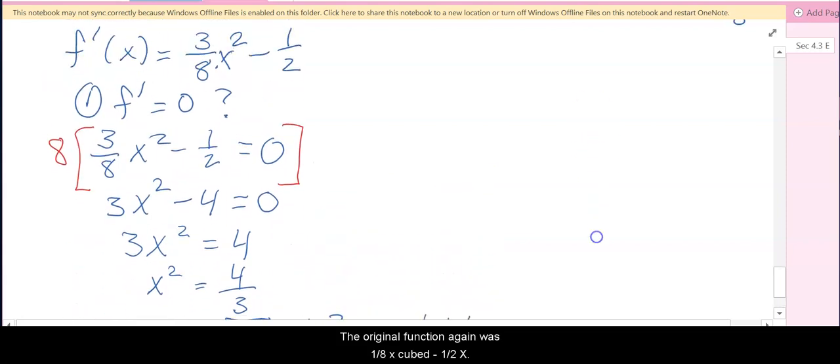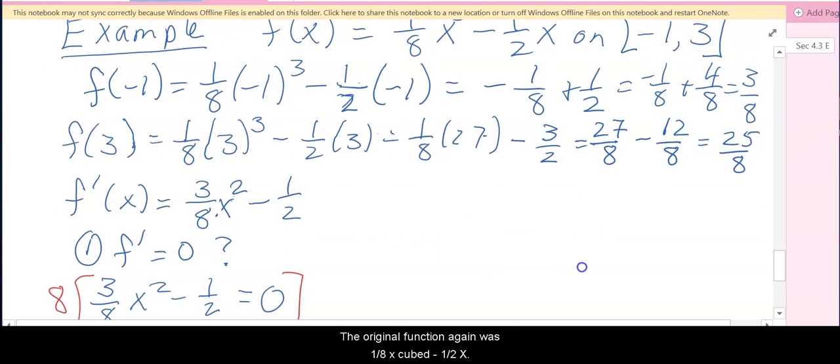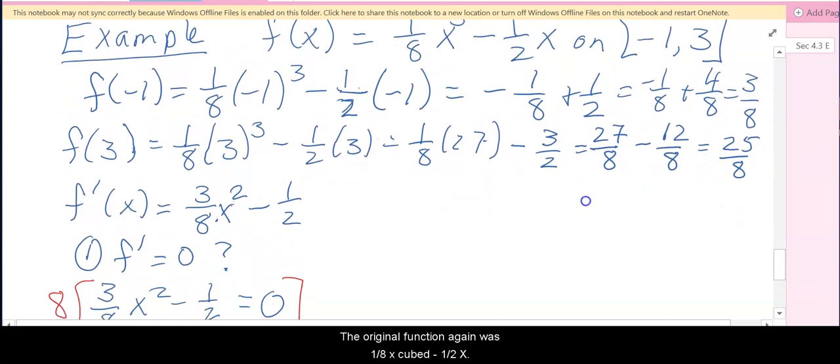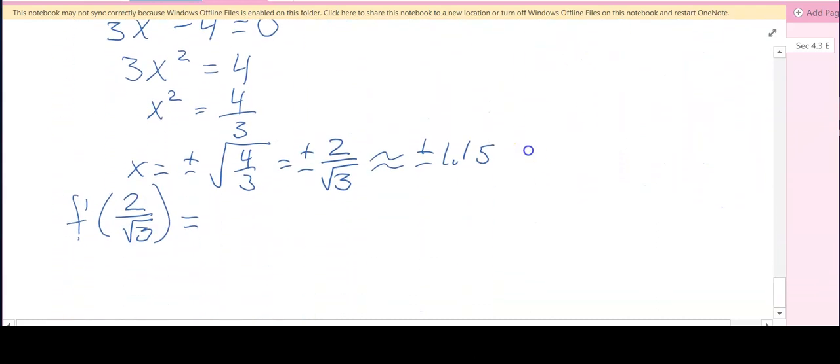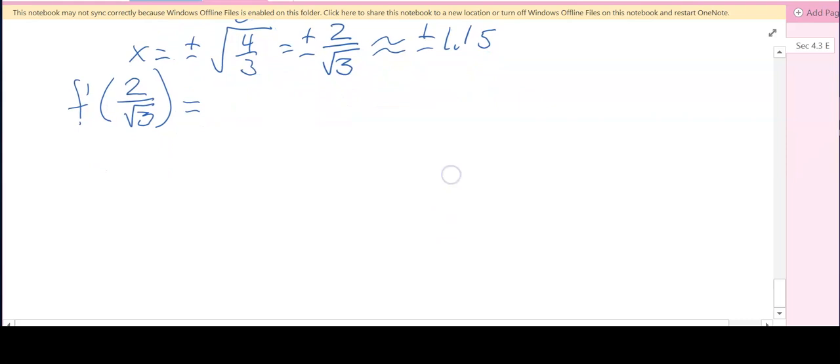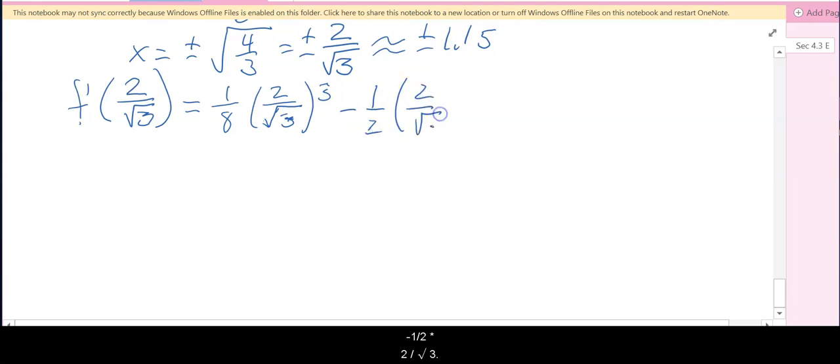The original function again was 1/8 x cubed minus 1/2 x. So I have 1/8 times that value cubed minus 1/2 times 2 over the square root of 3.